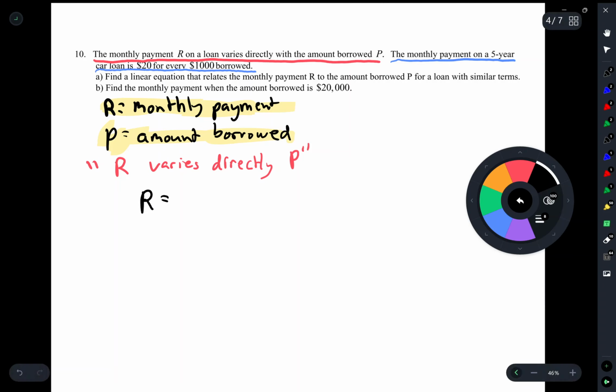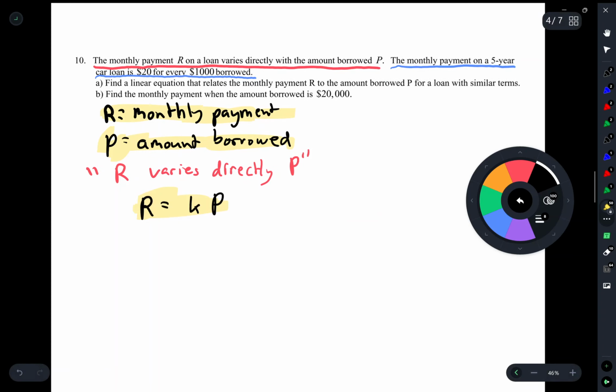That means R equals P times some constant K, which again we don't know yet. We haven't solved the problem, but just looking at that first sentence, we've gleaned a lot of information. We know what R is, we know what P is, and we know that there's a mathematical equation, R equals K times P.